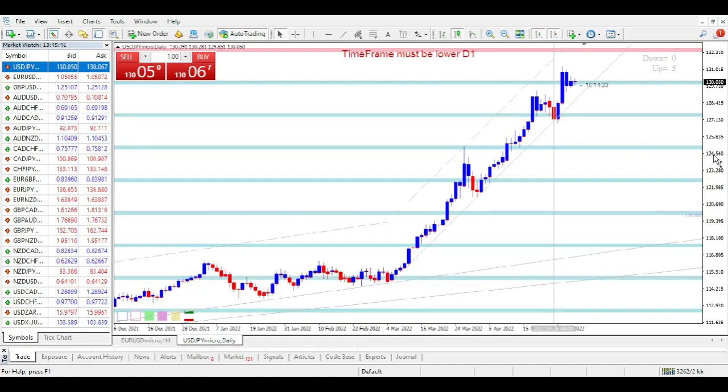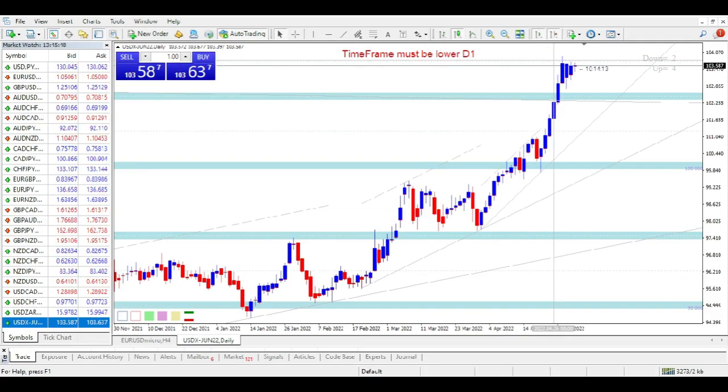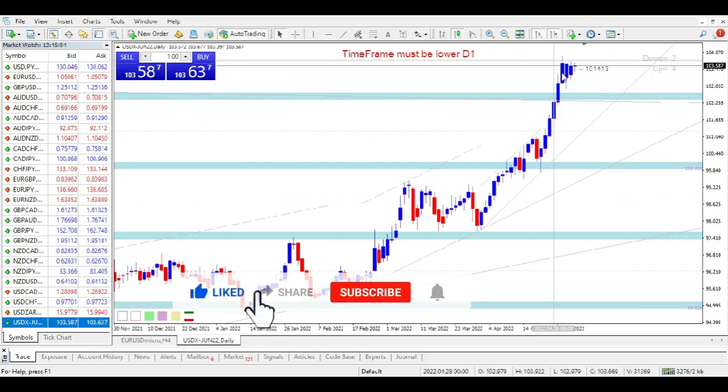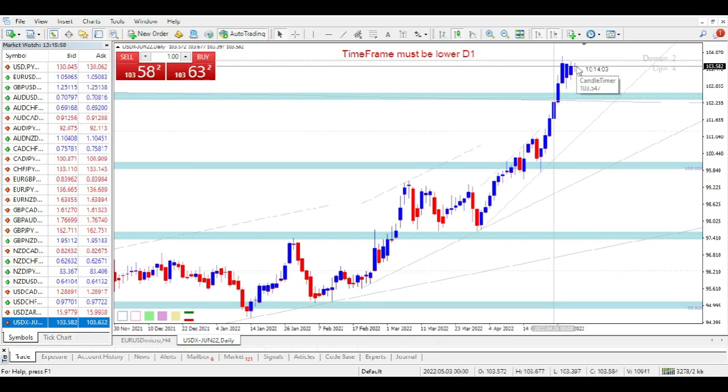many more pips. So if you look at the dollar index, you see we have been consolidating at these levels for 1, 2, 3. Today it will be the 5th day if we don't break through this level.